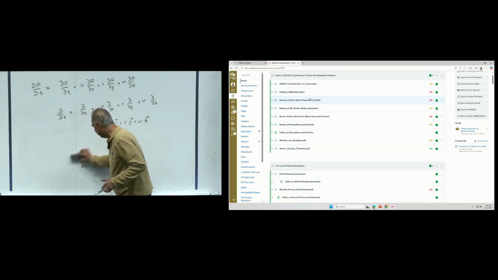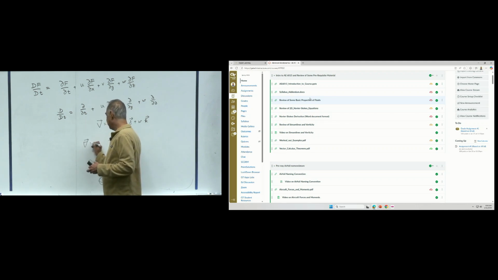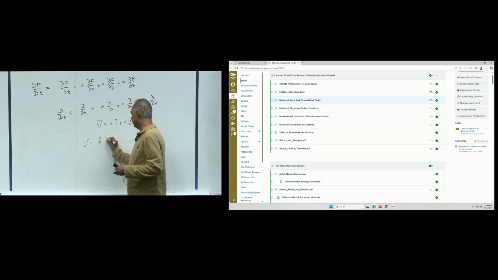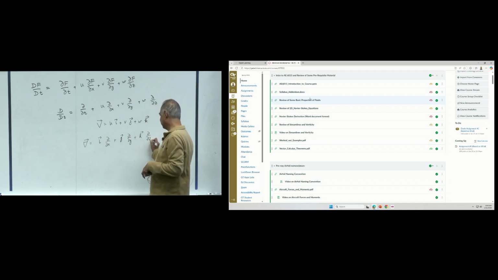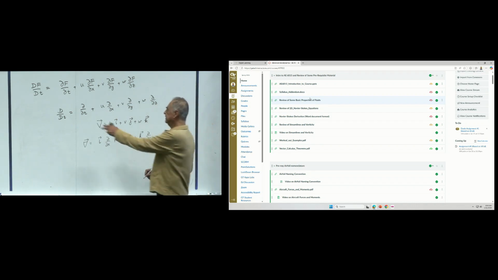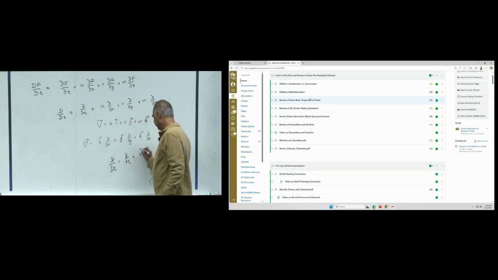And if you define a del operator, a vector derivative operator, as i times ∂/∂x in the x direction associated with the i vector, j times the derivative operator in the y direction, plus k times the derivative operator in the z direction, then you can write this in a very compact form, D/Dt equal to ∂/∂t plus V dot del.